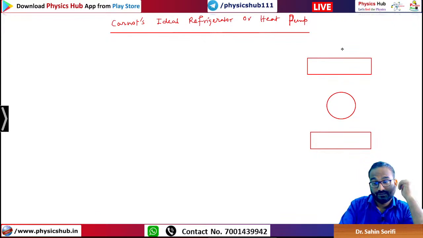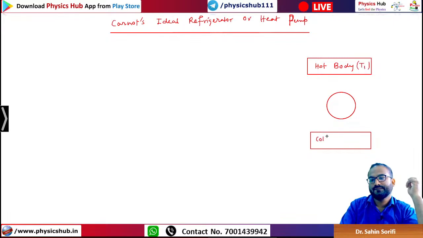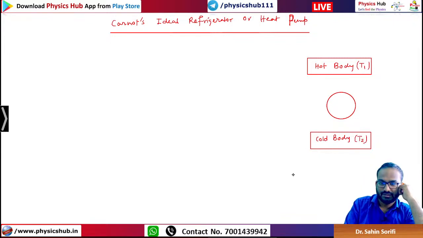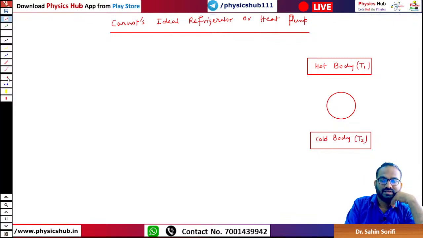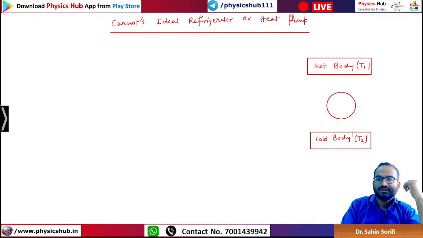But here the thing is, you see hot body which is maintained at temperature T1, cold body which is maintained at temperature T2. So here the reverse thing happens. Heat is taken in from the cold body and given to the hot body. So this is not natural. We have seen in the limitation of the first law, it is not natural.